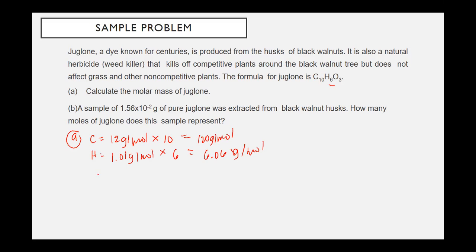And our O is equal to 15.99 grams per mole times 3 is equal to 47.97 grams per mole.